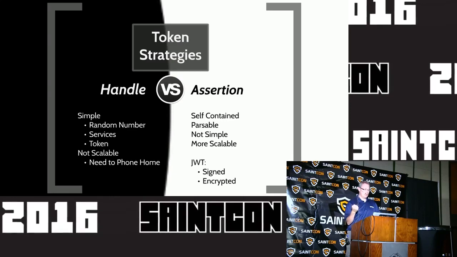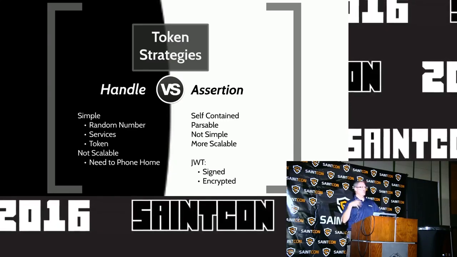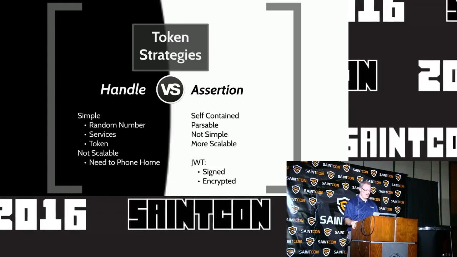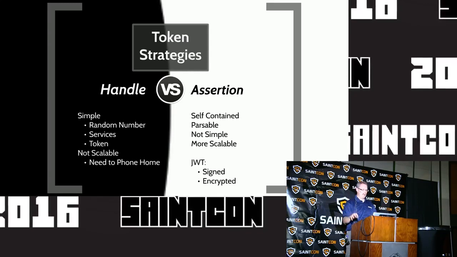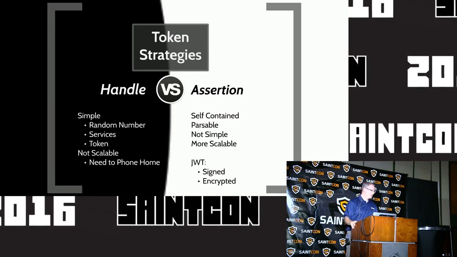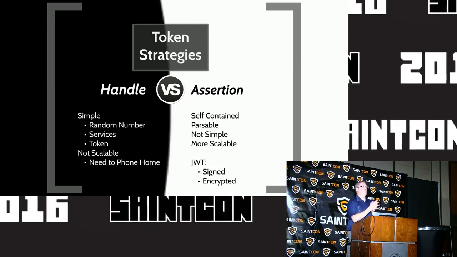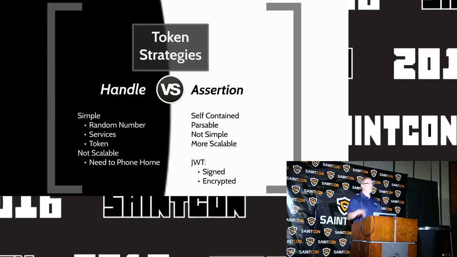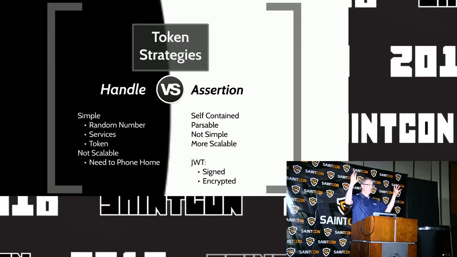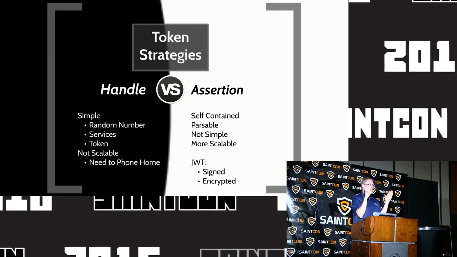So the access token itself, there's two different strategies you could use, both with good and ugly. You can have a simple handle. It could just be a random set of bits, in which case you need to be able to call home. For example, Family Search has probably 40 back-end services that make up what you see as one web page.